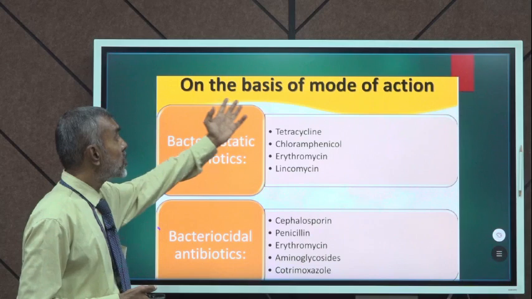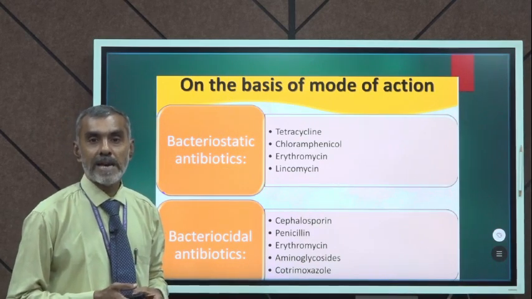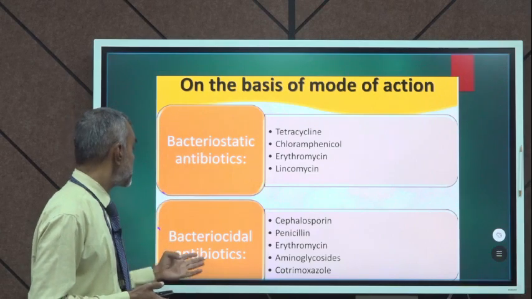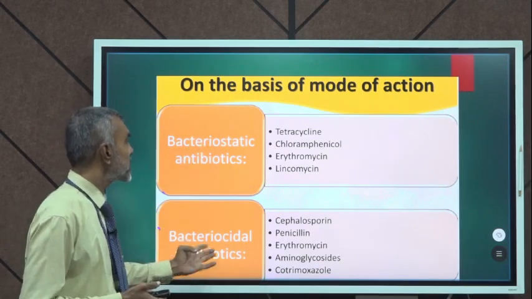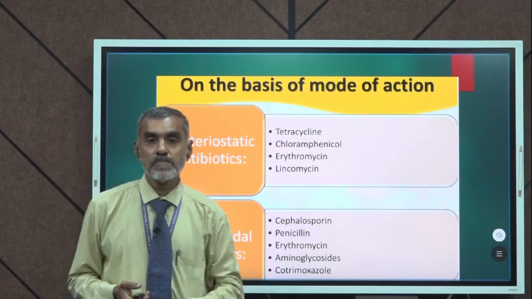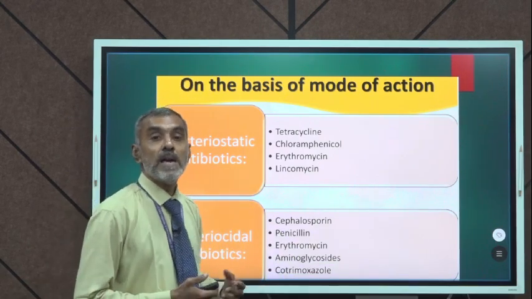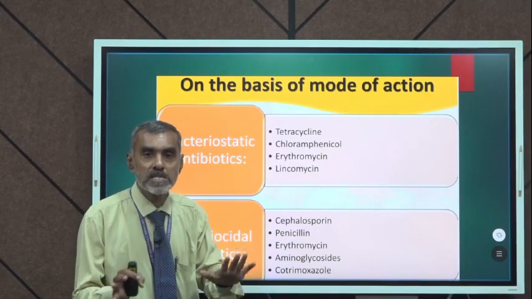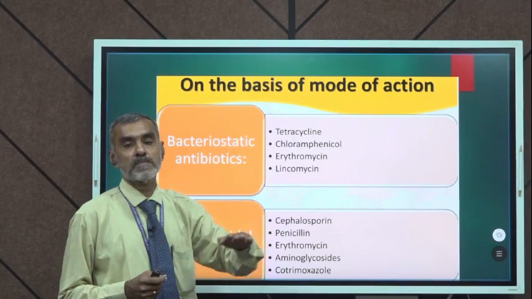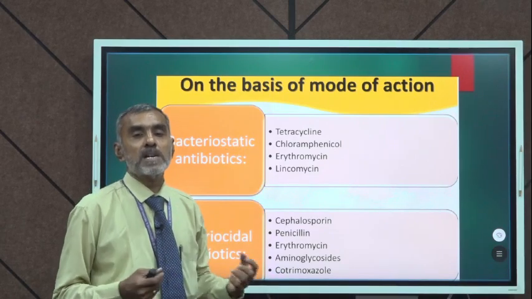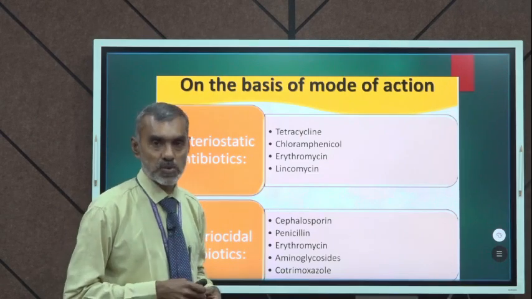On the basis of mode of action, we can categorize antibiotics as bacteriostatic and bactericidal. Do you know what bacteriostatic and bactericidal mean? Bacteriostatic means when you give the antibiotic to the microorganism, it just suppresses the growth, it just stops the growth of the microorganism. After the concentration in the body reduces, the microorganism automatically starts to grow again.